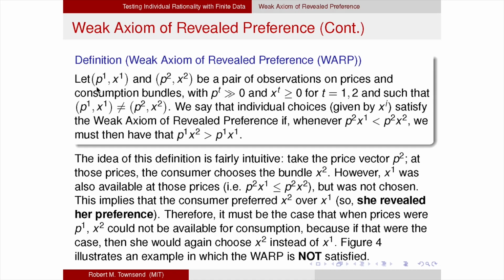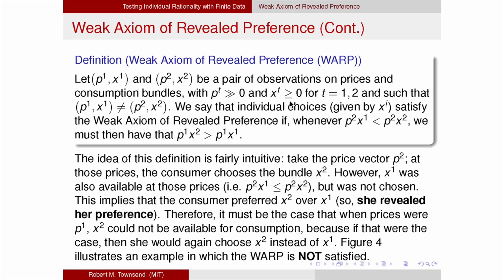Let's start with just having two observations with different prices and different choices. P1X1, P2X2 is a pair of observations on prices and consumption bundles, implicitly for a given household. PT doesn't necessarily mean T over time, although you could imagine we observed at T equal 1 the first choice and at T equal 2 the second choice.